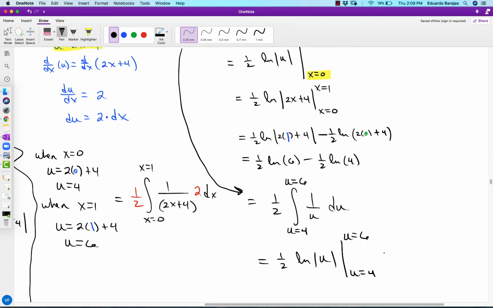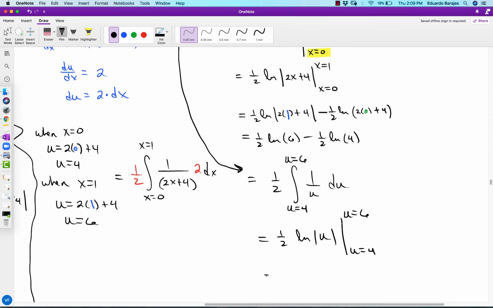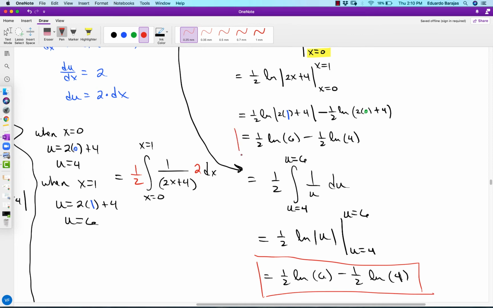Now we can just plug them in. So this becomes 1/2 ln of 6 minus 1/2 ln of 4. Right? So we get the exact same answer every time. This answer matches this answer, and they both match the other one.